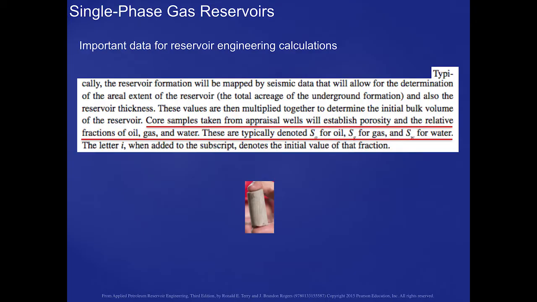We will measure the porosity, and so we'll get a feel for how much of the core contains water or gas, or in the case of an oil reservoir, oil. And when we measure those saturations, we give them a symbol of S sub O for oil, S sub G for gas, S sub W for water, as we talked about in Chapter 1. The letter I is sometimes added to those subscripts to denote the initial value of that phase.